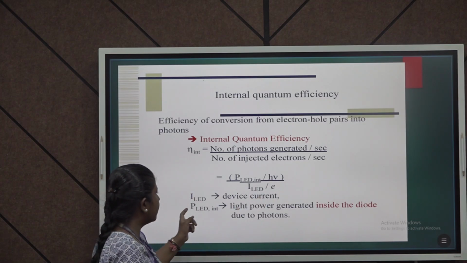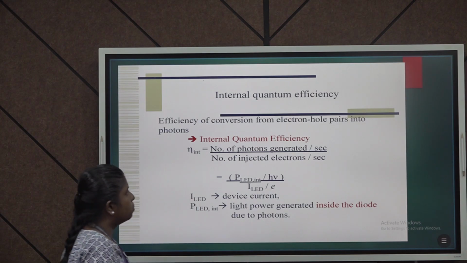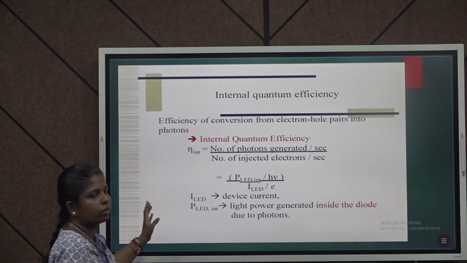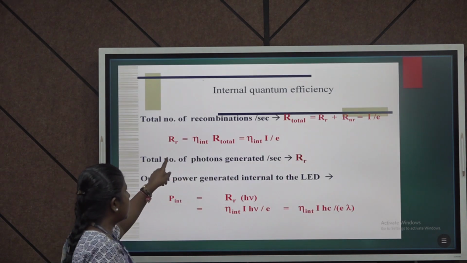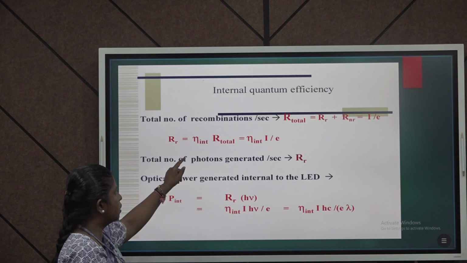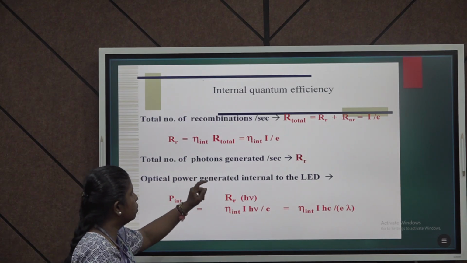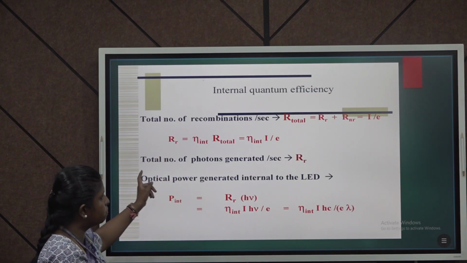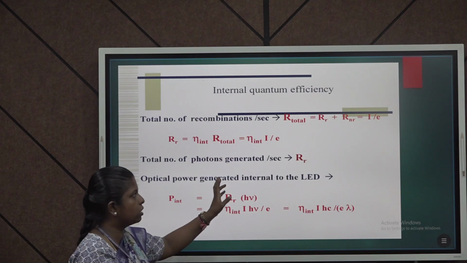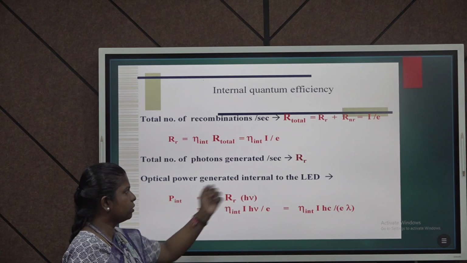So this gives the device current and the light power generated inside the diode due to the photons. By using these formulas, we can calculate the internal quantum efficiency, and R_r is equal to the internal efficiency multiplied by R total, so that we can calculate the total number of recombinations per second. The total number of photons generated per second is also calculated by using the radiative recombination parameter.